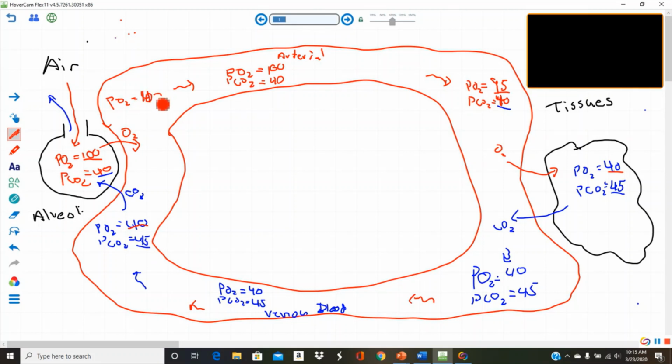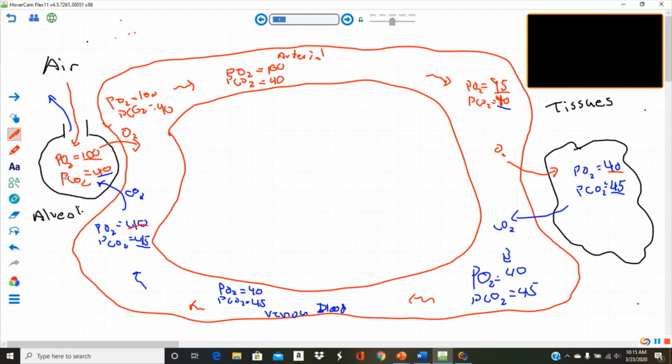Let me rewrite that so it's clear. Of 100 and a partial pressure of CO2 that is 40, just like the alveolus. So the blood leaving the alveoli matches the gases here.